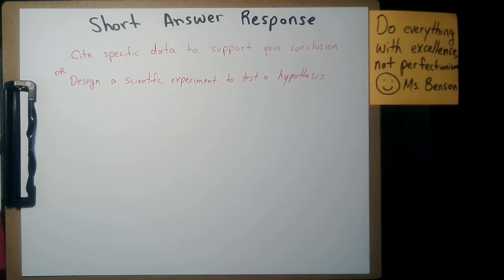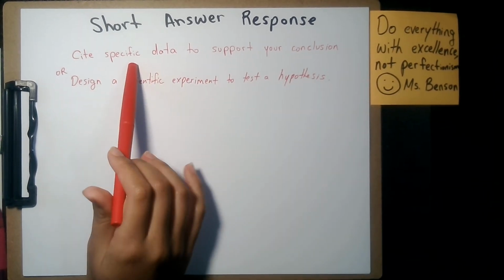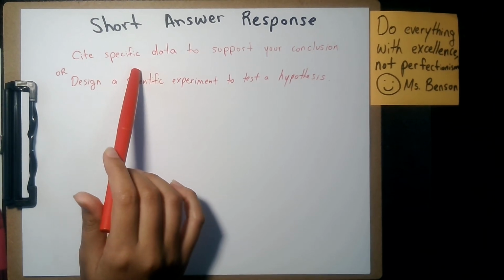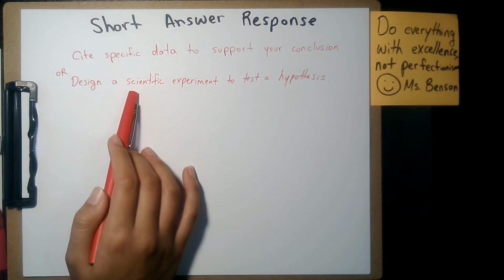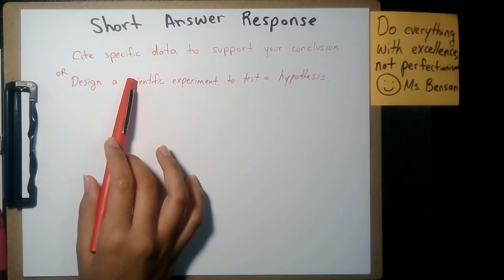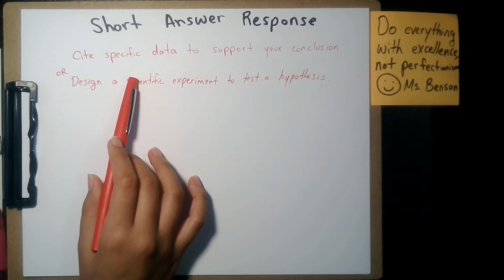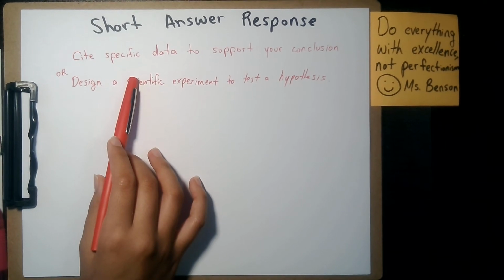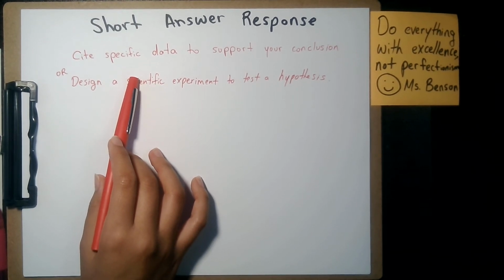So you have to cite specific data. You're not going to have access to Google. You're not going to have access to a lot of other information. You're going to have access to the information they already provide you. You're going to want to use the same information they provide. Do not make other data up.